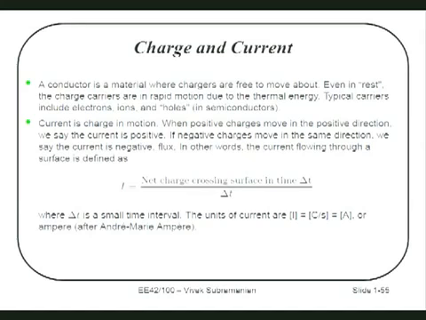So let me ask a question. If I want to know I, where I is my average current measured over the entire 3 seconds, what is it? It's 3 electrons per second.